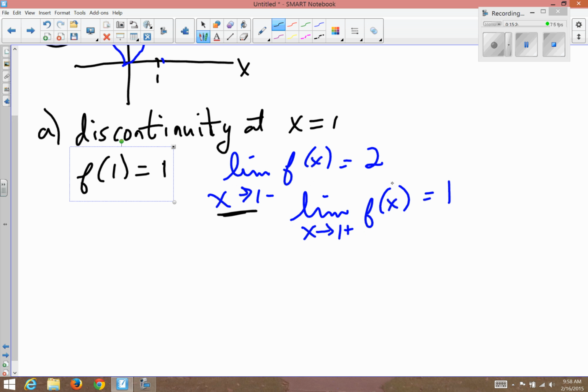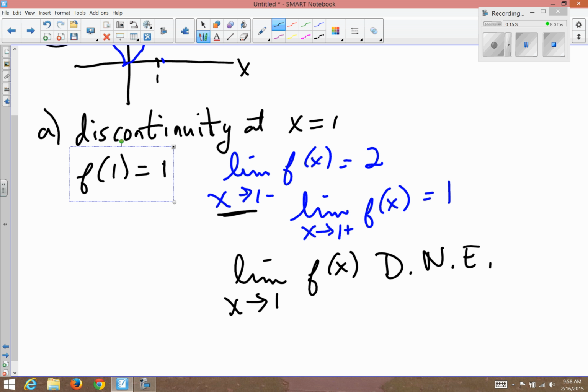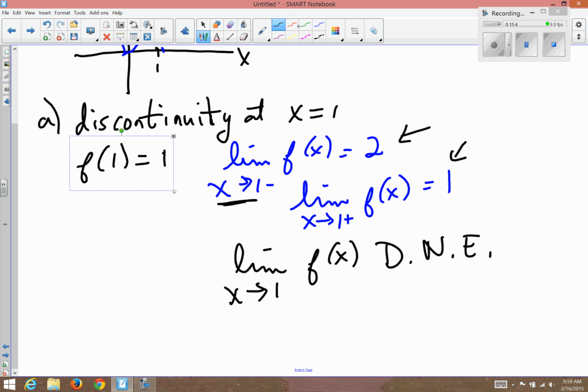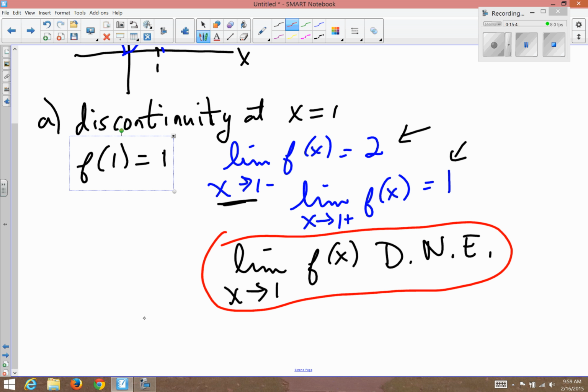When these limits are not the same, the limit of f of x as x approaches 1 does not exist, because those are different. So this proves that not only is there discontinuity at x equals 1, it also proves that it's non-removable.